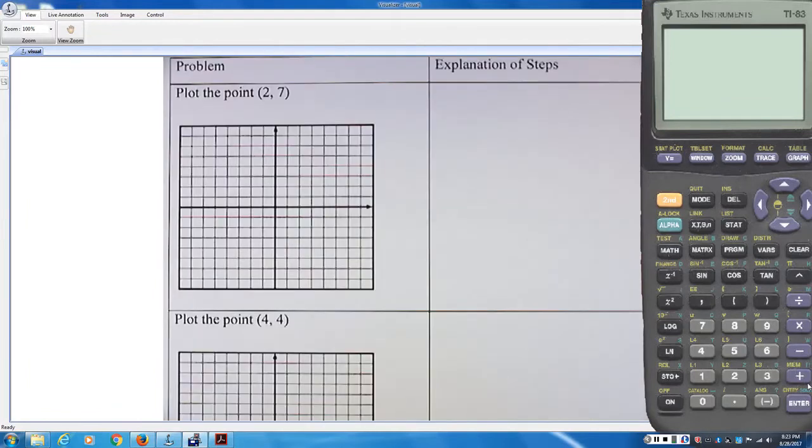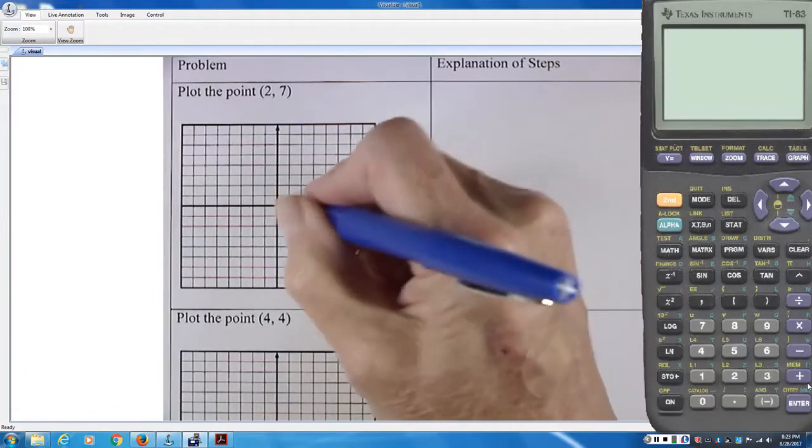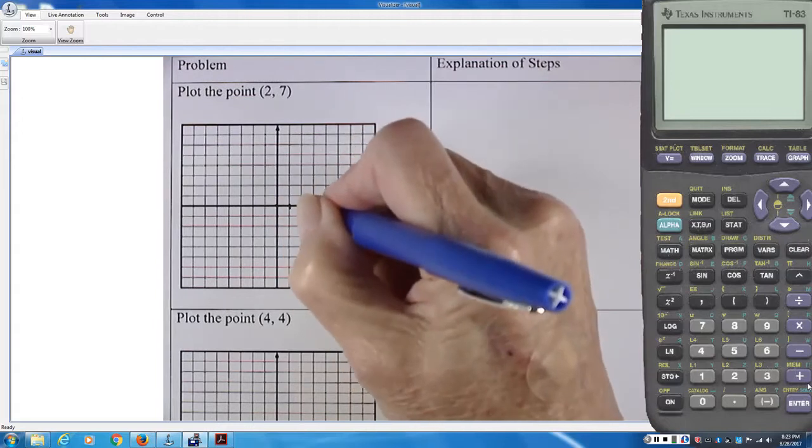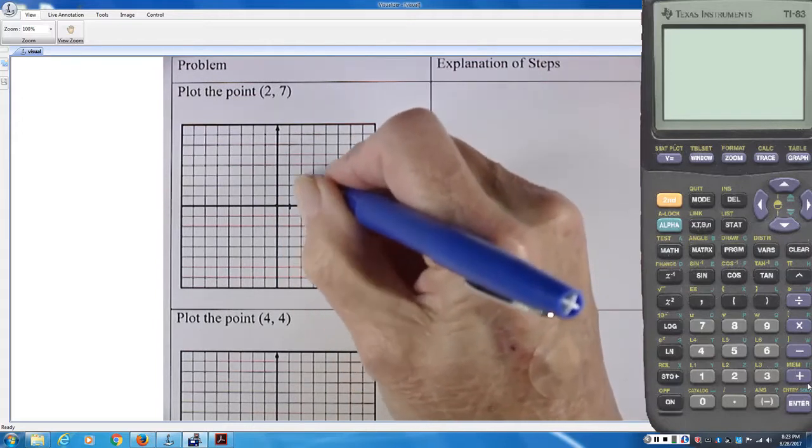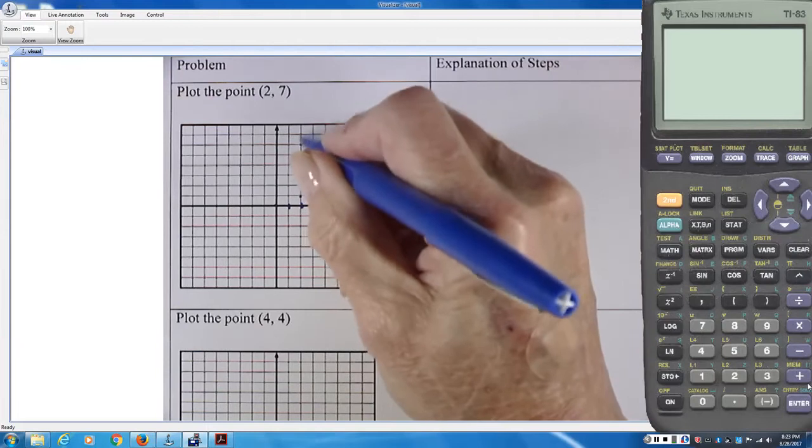And if it had been positive 2, 7, the only thing you do is start at the origin and go 1, 2, and then you go up 7, 1, 2, 3, 4, 5, 6, 7.